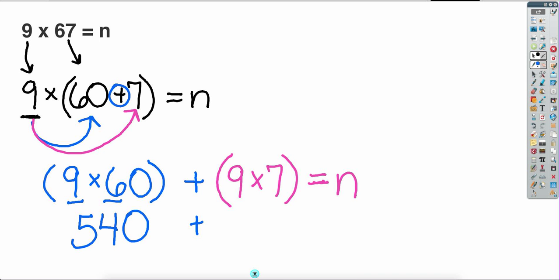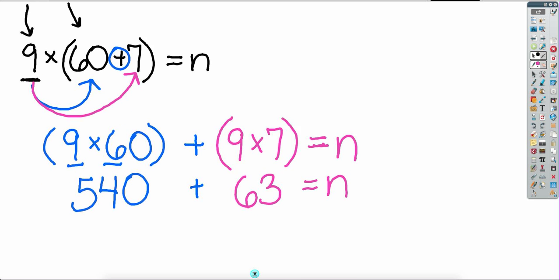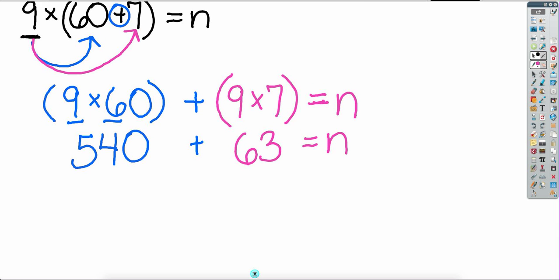Then I am going to solve my other partial product, which is 9 times 7. 9 times 7 is a basic fact. That is 63 equals n. Now, to find out the product of 9 times 67, my last step would be to add these two partial products together.